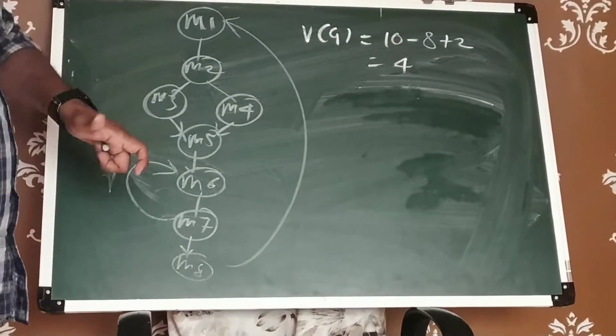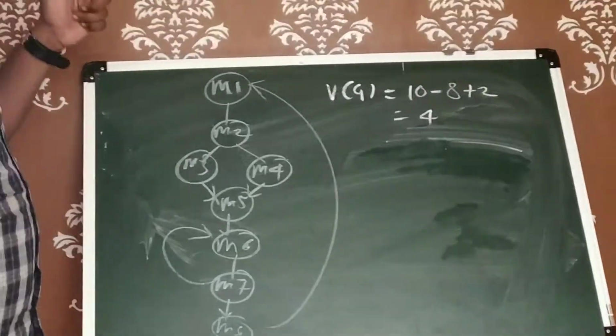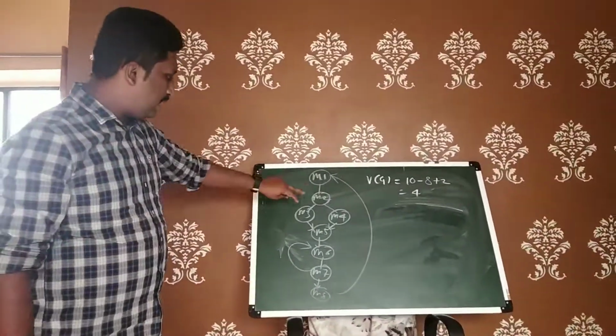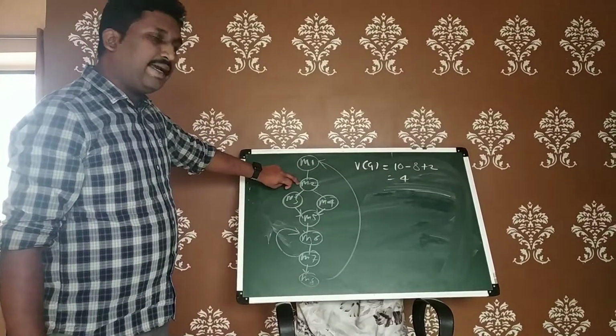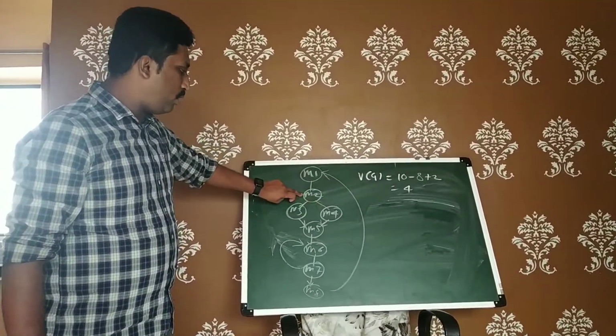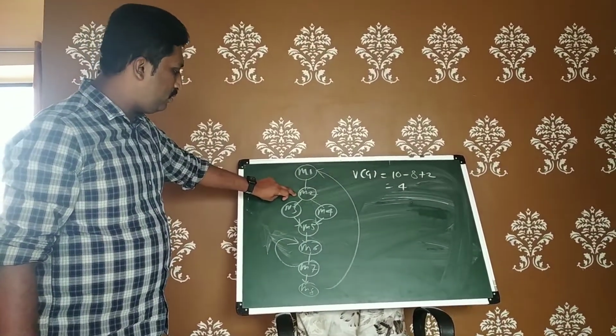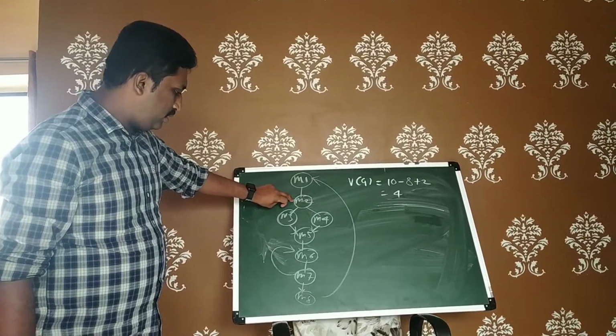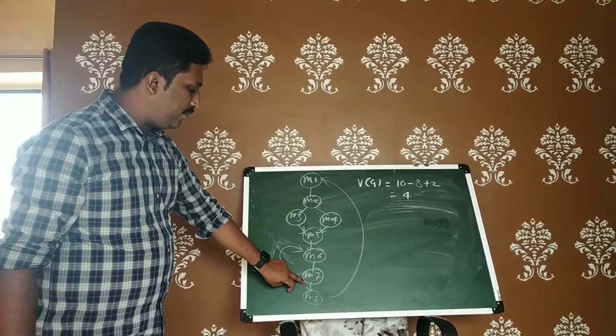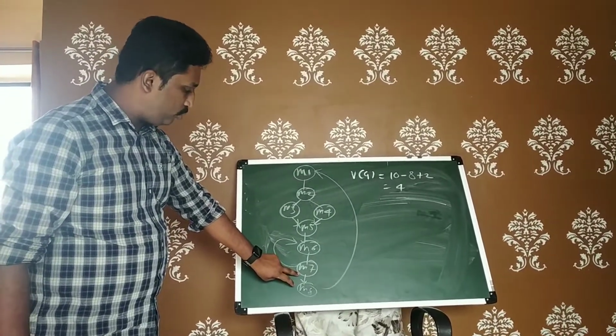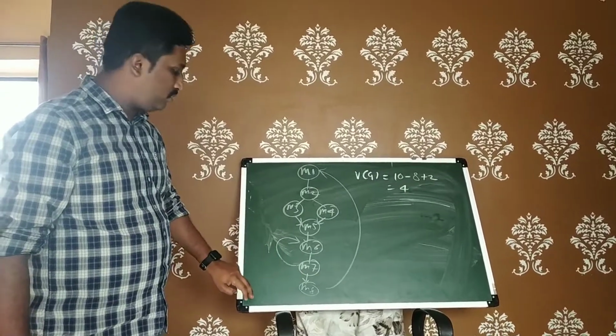By using another formula, we will be getting predicate nodes. Now, how many predicate nodes are there? M2 gives you 2 more nodes. So ultimately this is a predicate node 1. M7 will give you 2 nodes as output. So this is also a predicate node.